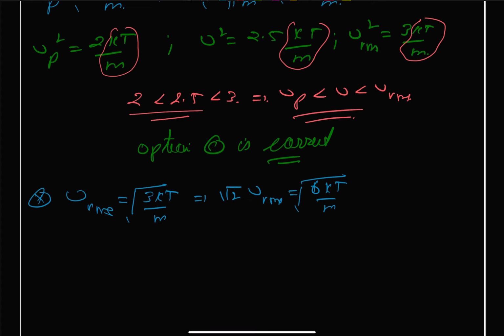And we know that these three equations are based on the fundamental concept called the Maxwell-Boltzmann distribution, and it is non-zero for all speeds v which are greater than 0.